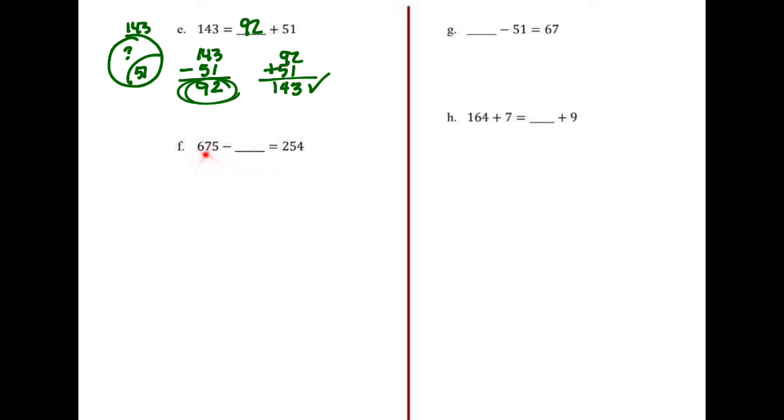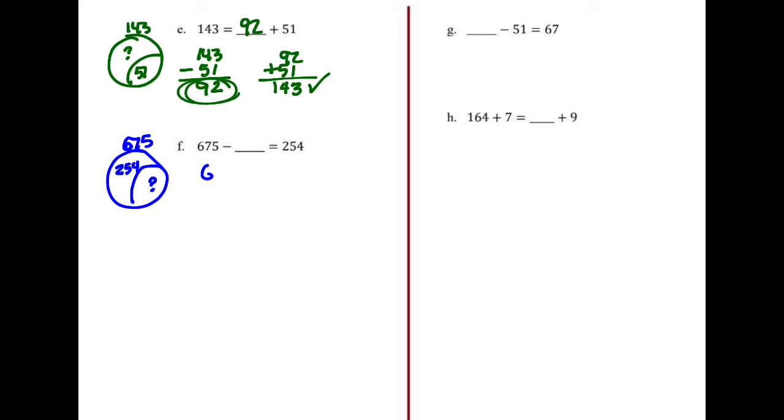So the big number minus the smaller one equals a smaller one. What we have here is the whole is the 675, and we're subtracting something, we don't know what, and we're left with 254. Same situation as before, we're going to subtract to figure out the answer.